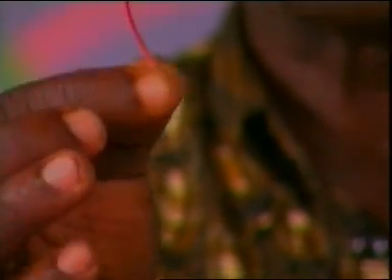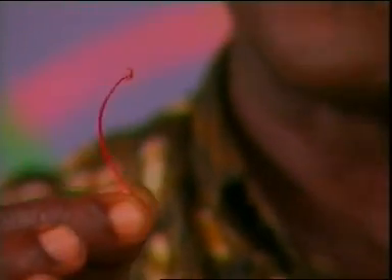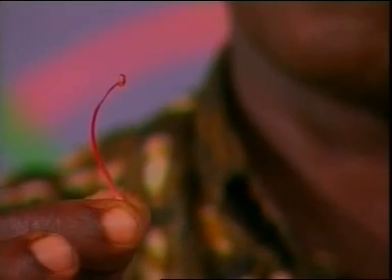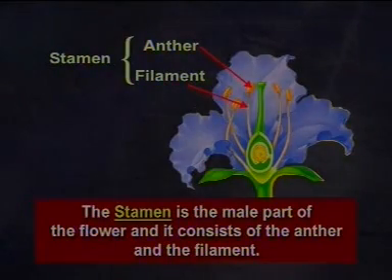When it is plural, we say stamens. The stamen is the male part of the flower, and it consists of two parts: the anther, which is the swollen end, and the filament, which is the elongated structure supporting the anther.